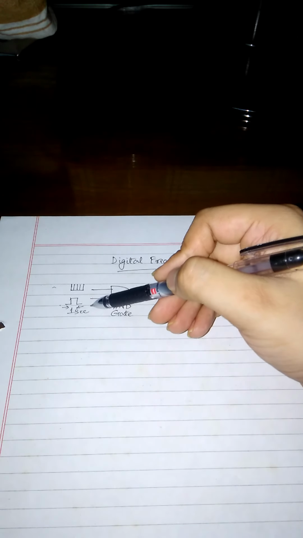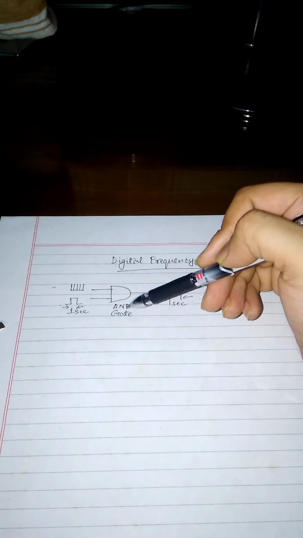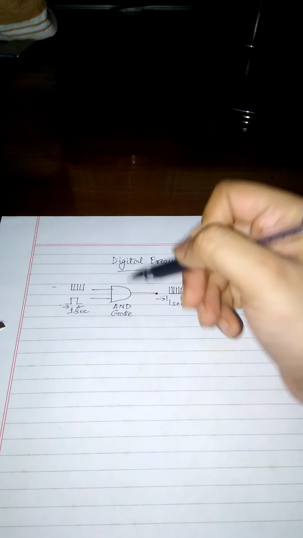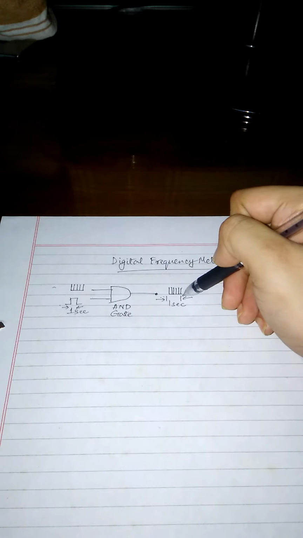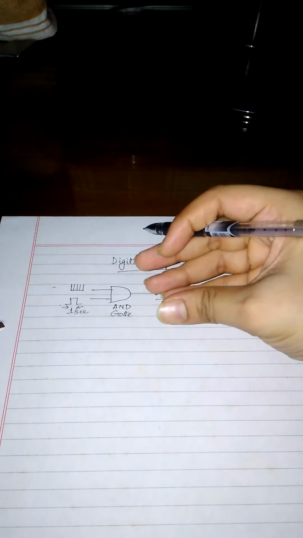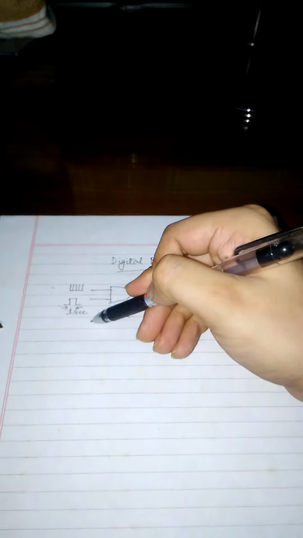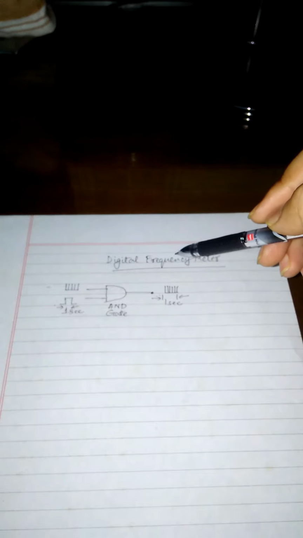For the time the gate is in enabled condition, the train of pulses passes through the gate, and here there is a counter that counts the number of pulses passing through the gate for this predetermined time. After this predetermined time, the gate is going to be in disabled condition. So this is the basics of digital frequency meter.